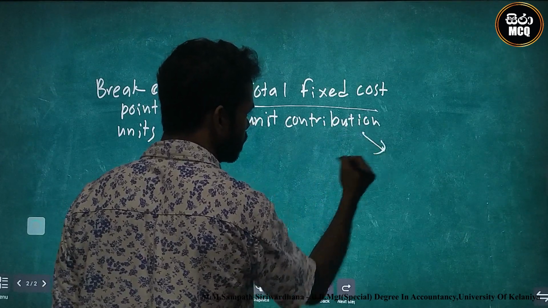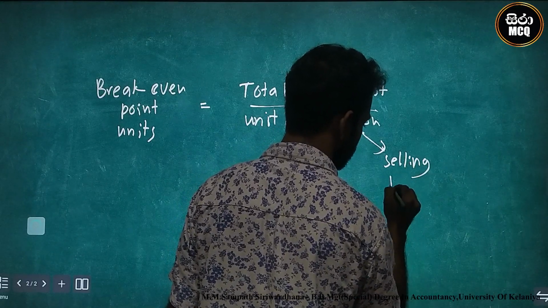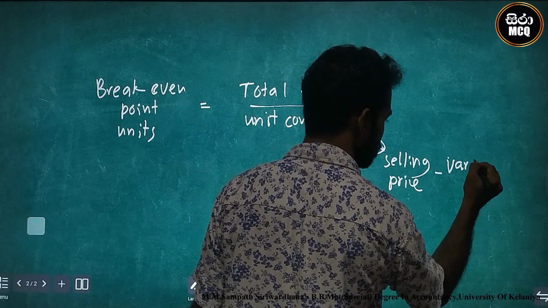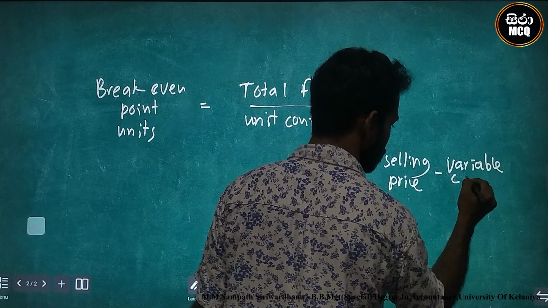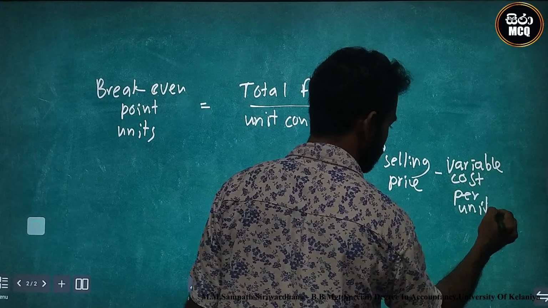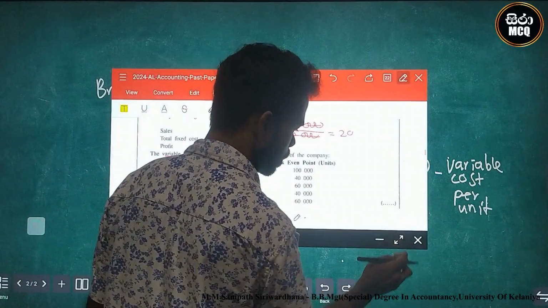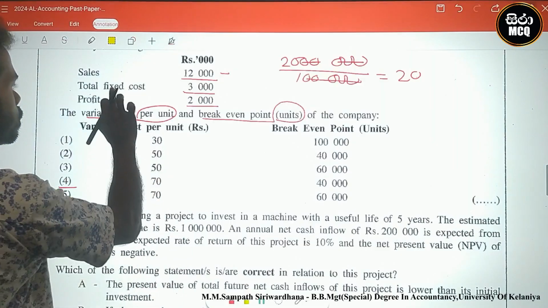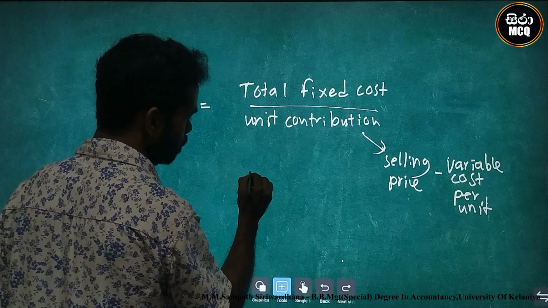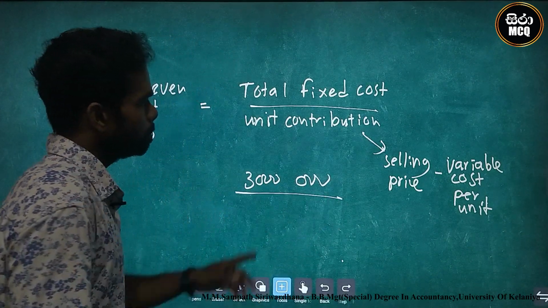How can we calculate unit contribution? Unit selling price minus variable cost per unit. Total fixed cost is already supplied to us. Total fixed cost is 3,000, which means 3 million, with more zeros added.